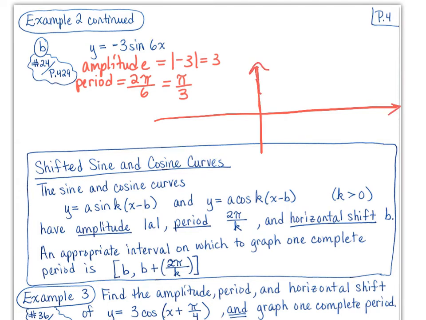Negative sine of x is in the opposite direction. It flips your graph. So here is 1 period. It begins at 0, ends at what? Pi over 3. Good. And then you can keep going. I'm just going to use the dotted line to indicate it still goes.